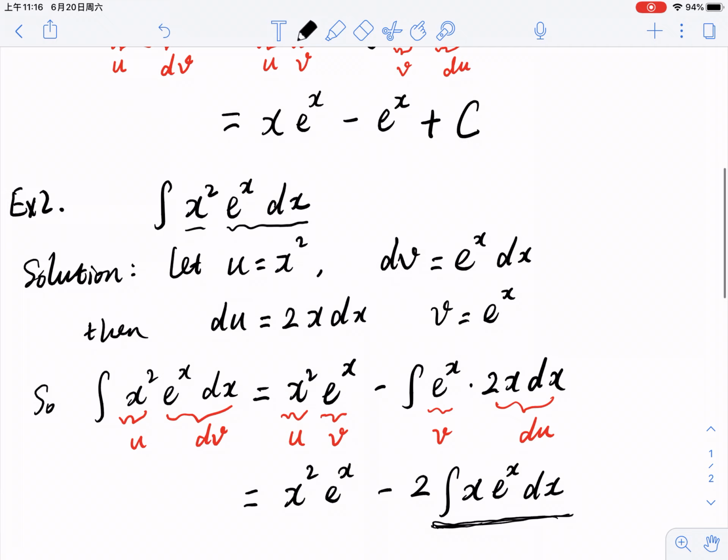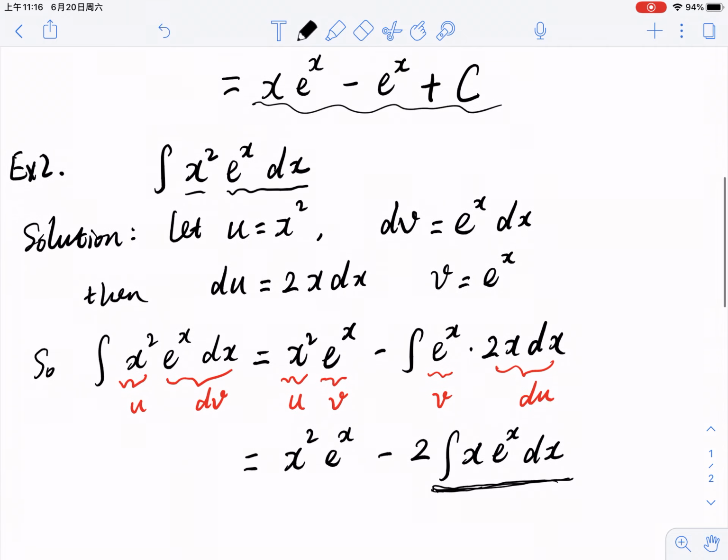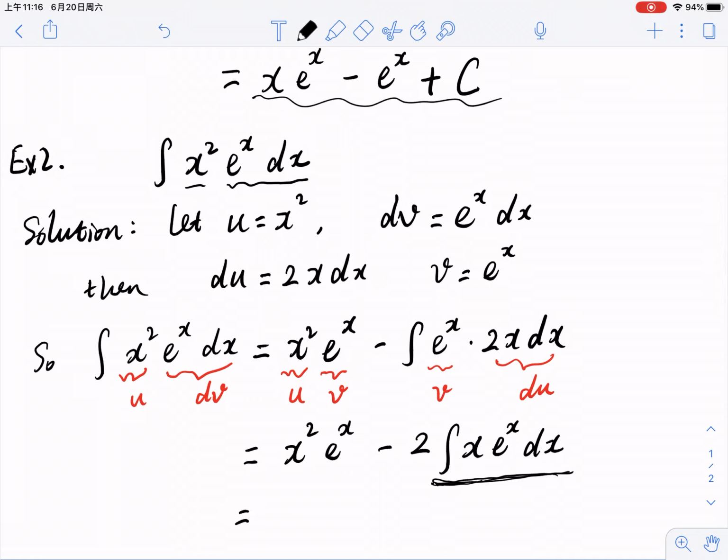So this is equal to x squared e^x minus 2 times (x e^x minus e^x) plus a constant c.